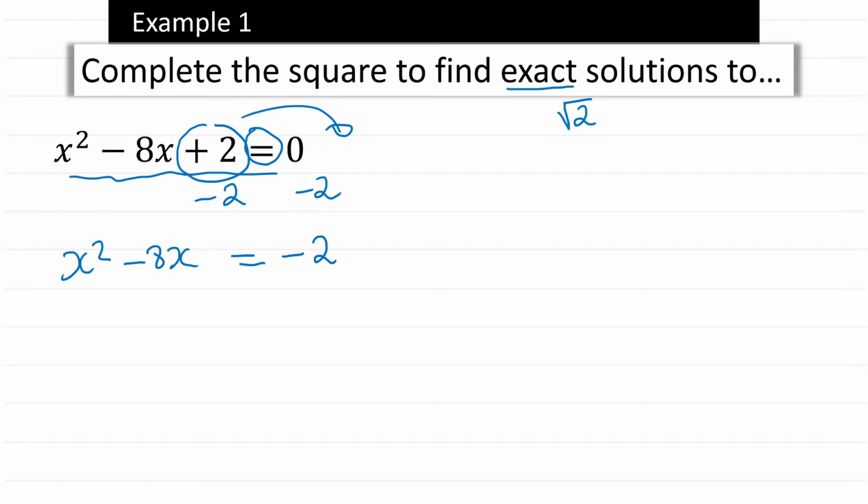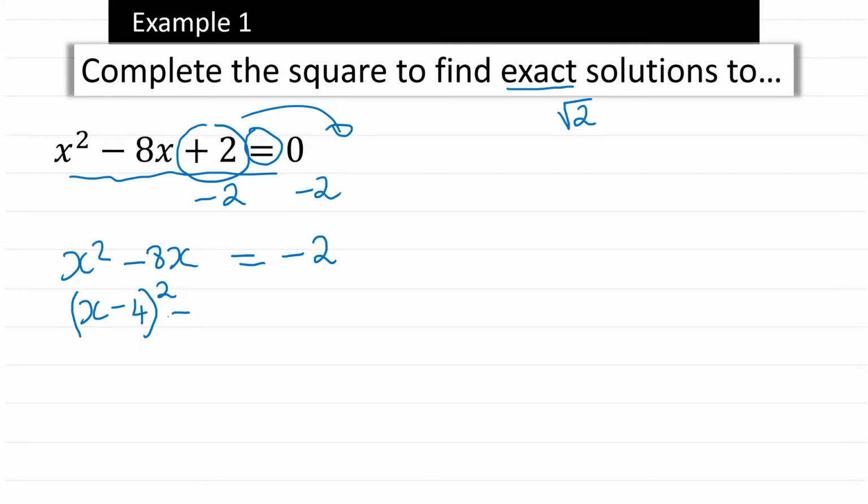And at this point, once you have removed all your constants, you're going to complete the square. So our bracket as usual, squared, and put a minus there. We have our x here. There's a minus there, so we're going to put a minus here. We need to halve this one, so 8 divided by 2 is 4.